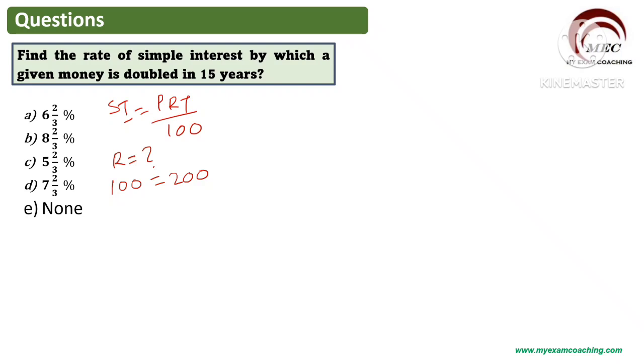If you are investing P, it will become 2P. And how will it become 2P? If you are investing 100 rupees, your interest also will be 100, so this will become 200. That means 100 is our investment, and 100 rupees we got as interest. So investment and interest total, it becomes double.